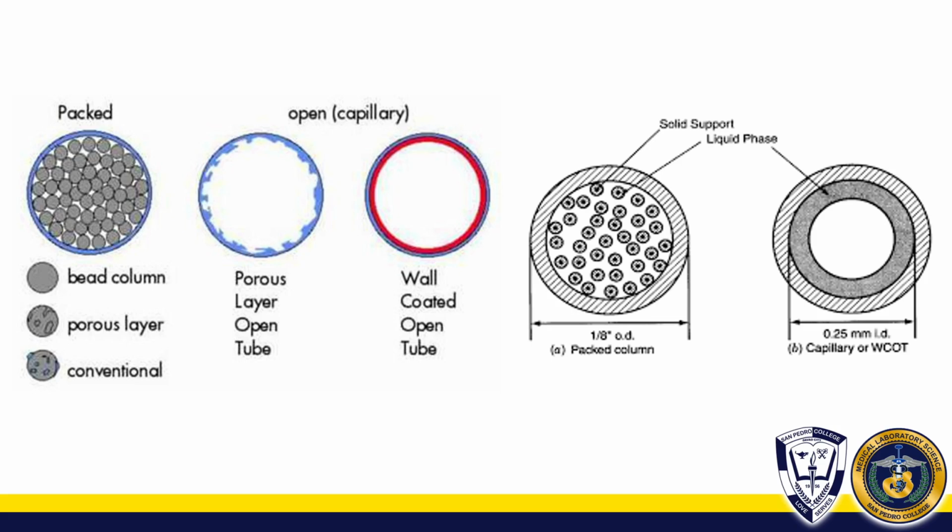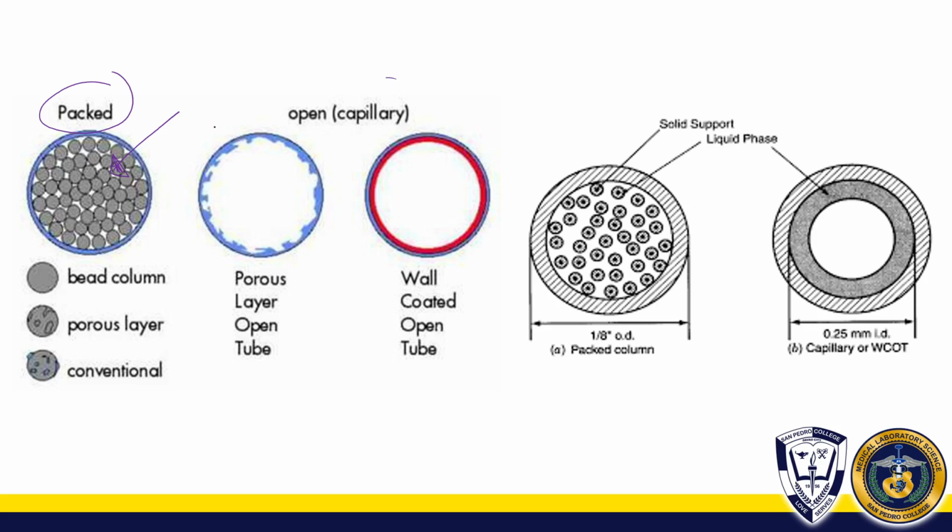The naming is quite literal: when we say packed, the inside is tightly packed, the hollow portion of the column is packed up. It could be a bead column or a porous layer, as mentioned earlier.